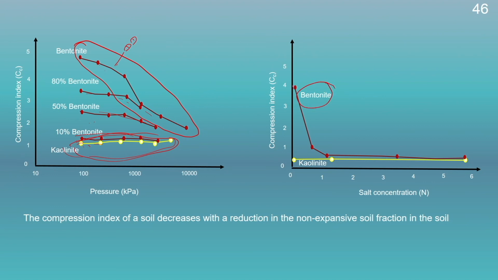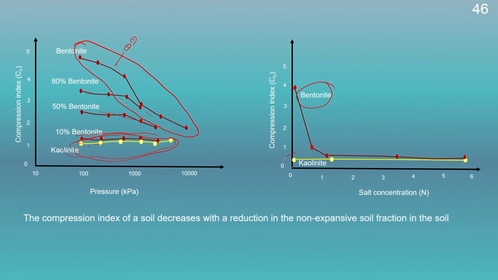But if we look into the effect of salt on compression index on bentonite or montmorillonite, we could see here with increase in the salt concentration, the compression index of the soil is decreasing. That means, the tendency of a soil to get compressed is decreasing with increase in the salt concentration. So, this decrease in the compression index or decrease in the compressibility of the soil due to increase in the salt is because of the reduction in the diffuse double layer thickness.